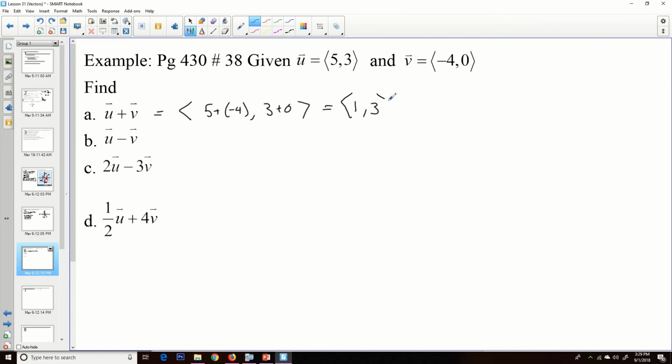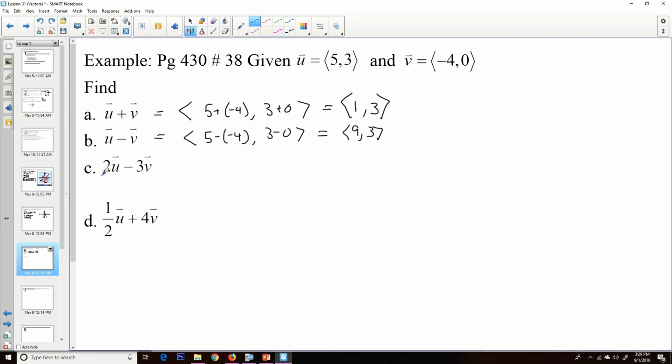Put the vector brackets around it, and we're good. If I want to do a vector subtraction, I do the same basic operation, except we're subtracting now. 5 minus negative 4 is 9, and then 3 minus 0 is still 3.